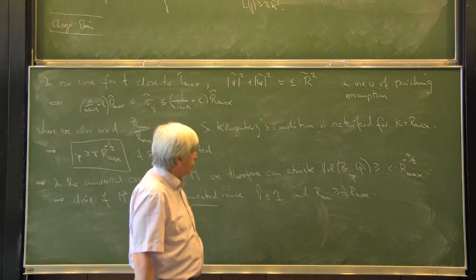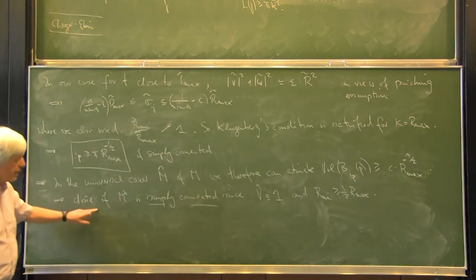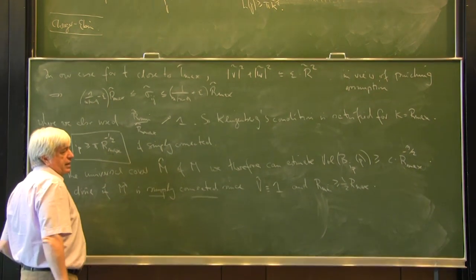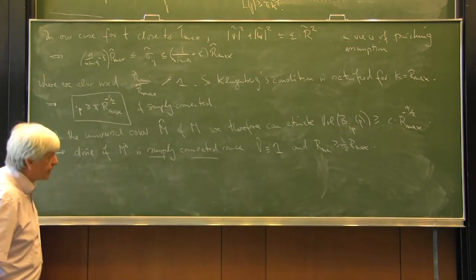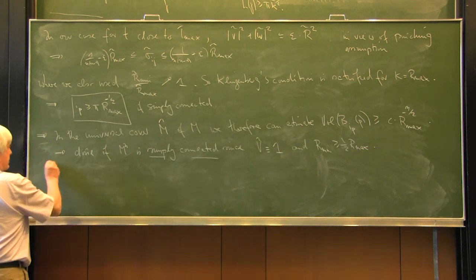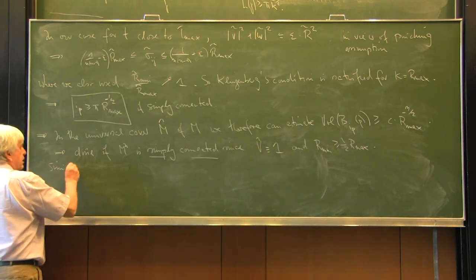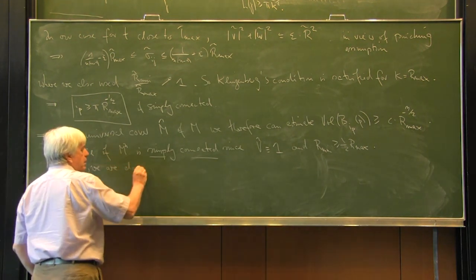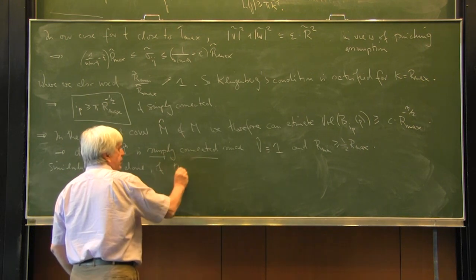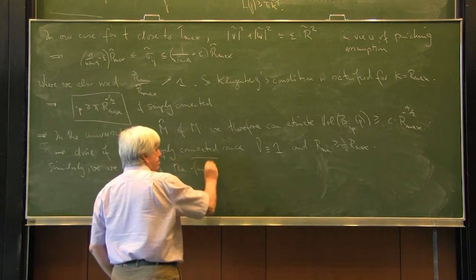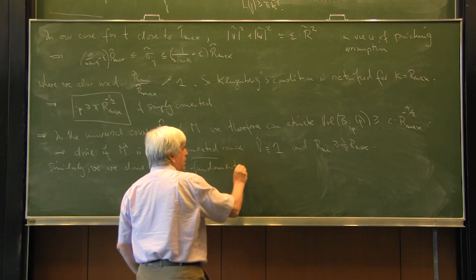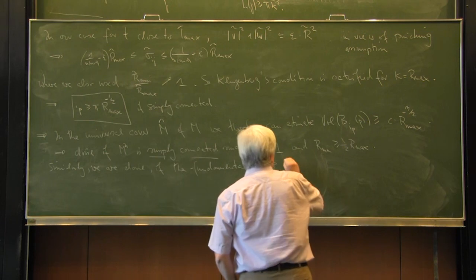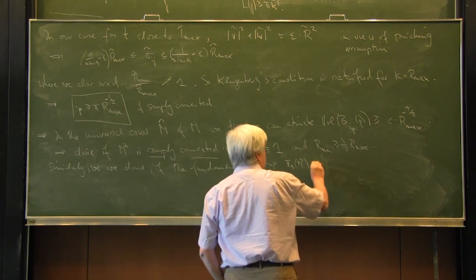And so in other words, we have to make sure that the universal cover doesn't have infinitely many layers, meaning we have to show that the fundamental group is finite. So similarly, we are done if the fundamental group pi 1 of Mn is finite.